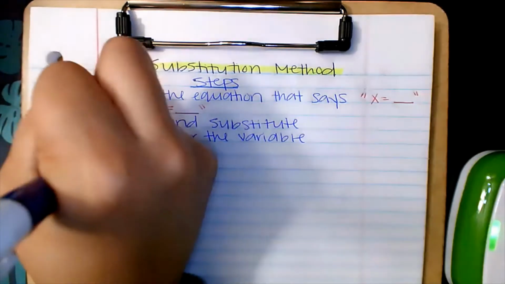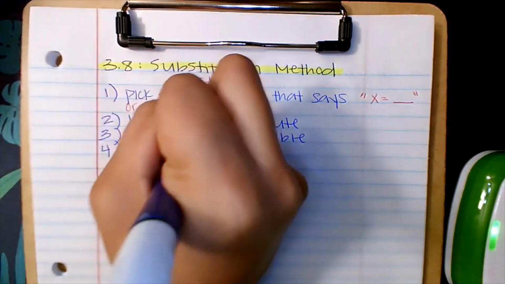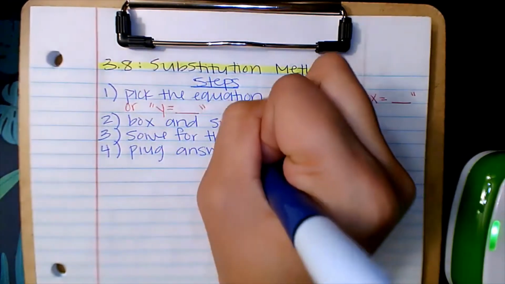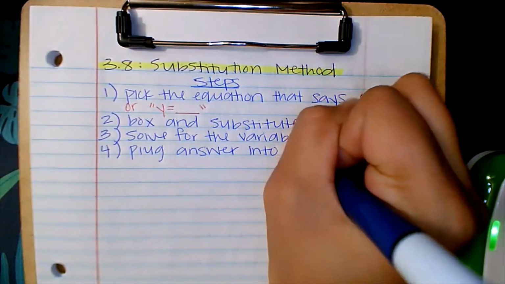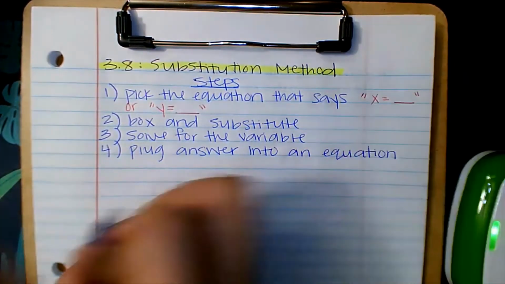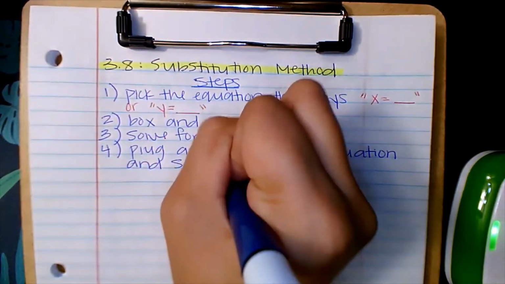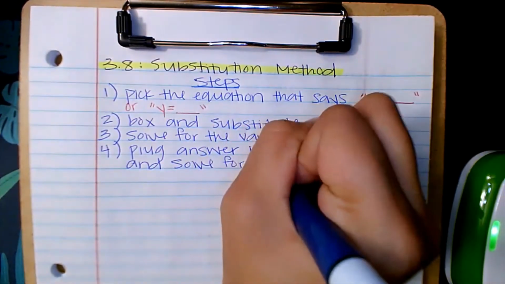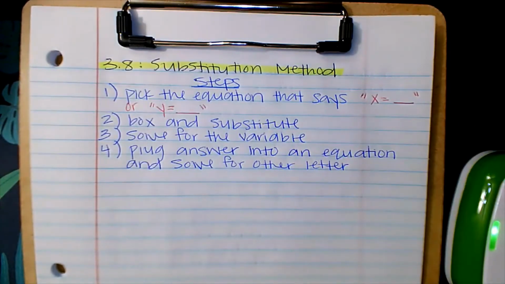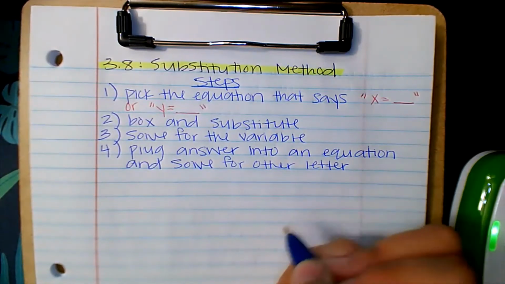After we solve for the variable, our fourth step, we are going to go ahead and plug our answer into an equation, and then solve for the other letter. So if we decided to start with x, we're going to solve for y. If we decided to start with y, we're going to solve for x. So that's what it means by the other letter.